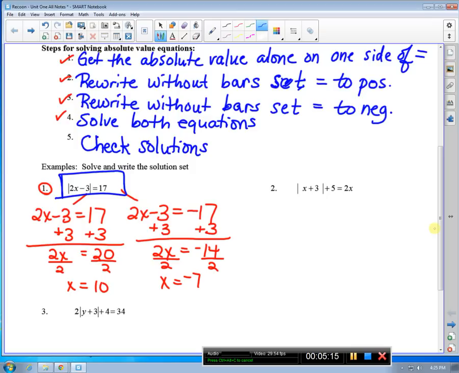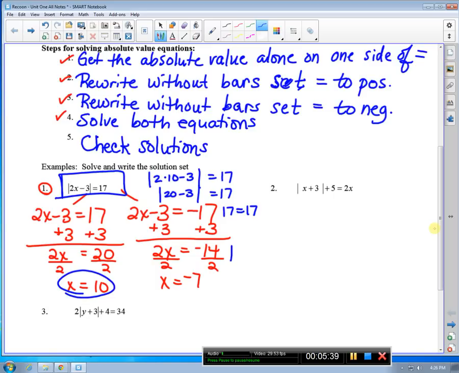Absolute value of 2x minus 3 equals 17. We're going to do the absolute value of 2 times 10 minus 3 equals 17. We're going to check that. That's the absolute value of 20 minus 3 equals 17, and that indeed is true. 17 equals 17. For the other check, I'll do that down here.